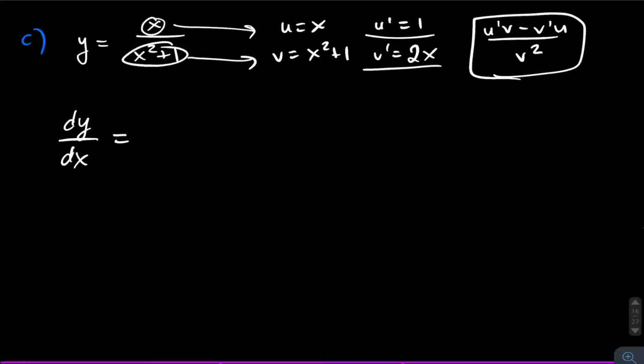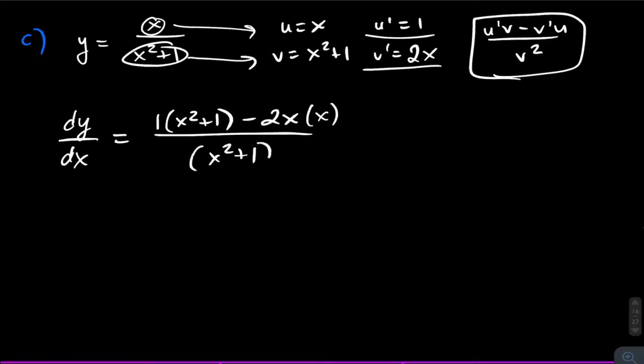So anyways, u prime is 1. v is x squared plus 1. You have minus v prime, which is 2x, and u is x. And we're going to divide by v squared, which is x squared plus 1, and like I said, we have to square that. So we get x squared plus 1 quantity squared.